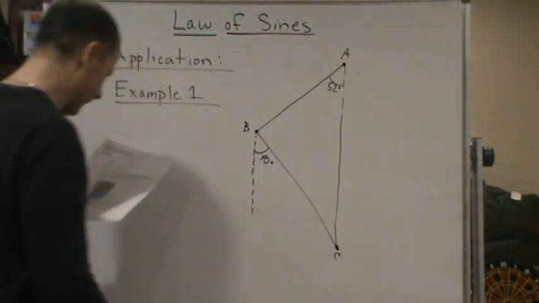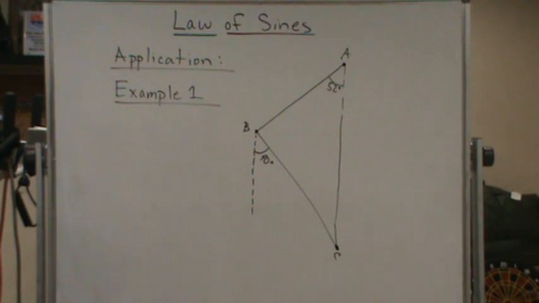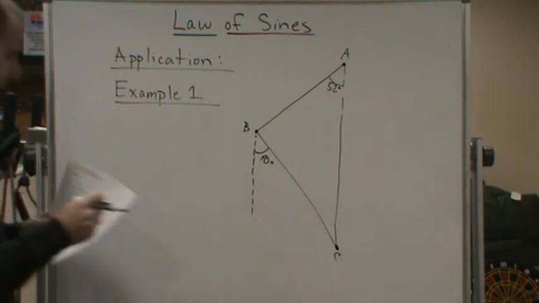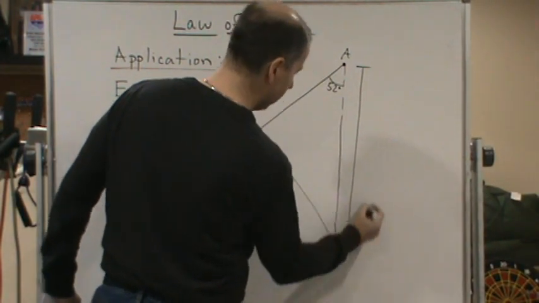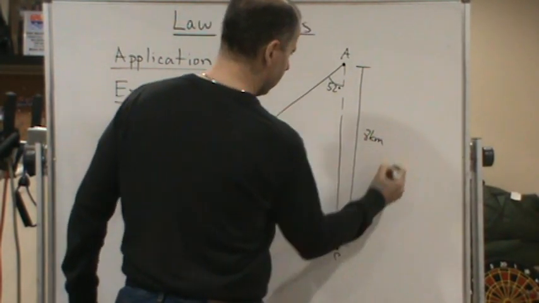We're going to go back to point A. Now, point C lies 8 kilometers directly south of point A. So from here to here is 8 kilometers.